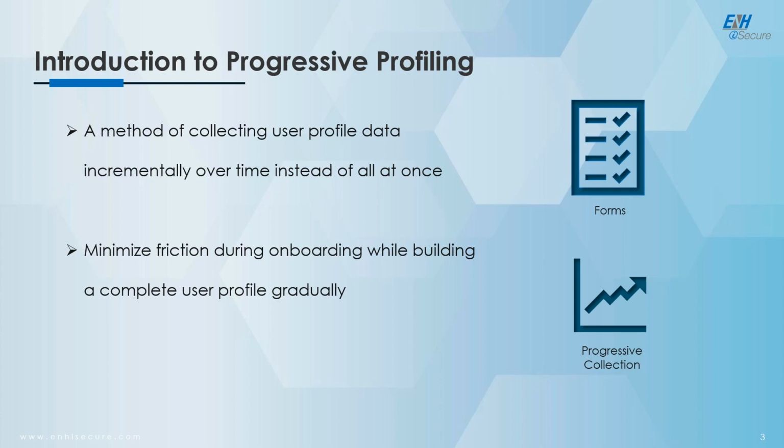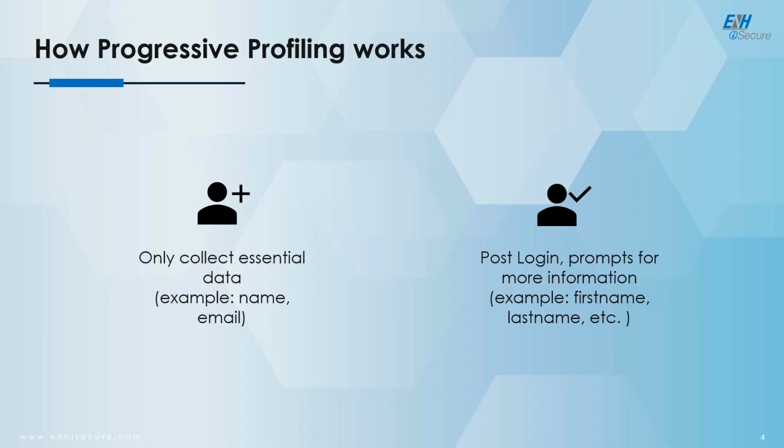This progressive collection model is particularly effective when implemented using dynamic forms that trigger based on what's already known and what's still missing in the user profile. Progressive profiling works by breaking down the data collection process into smaller steps.